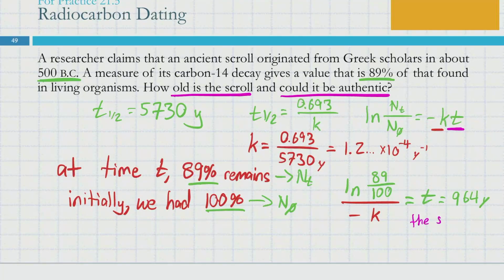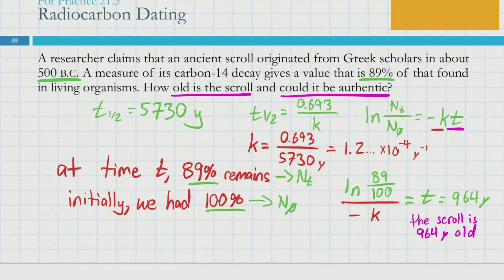Do we cancel out the negative, or do we just assume it's positive? If you enter natural log 89 over 100, you should get a negative number. So the scroll is 964 years old. That's the first part of the question.